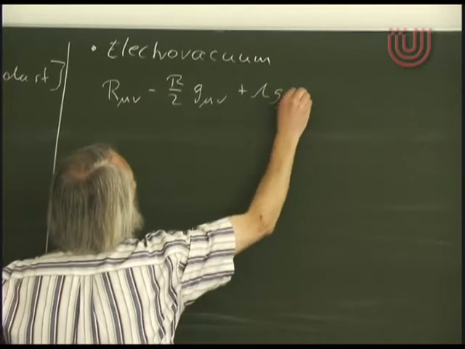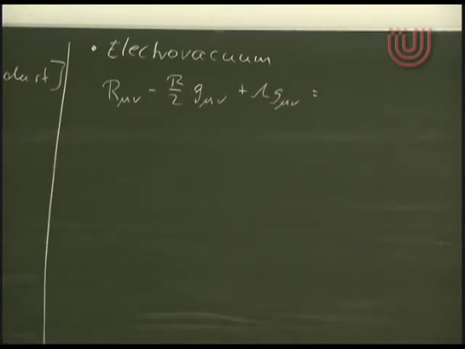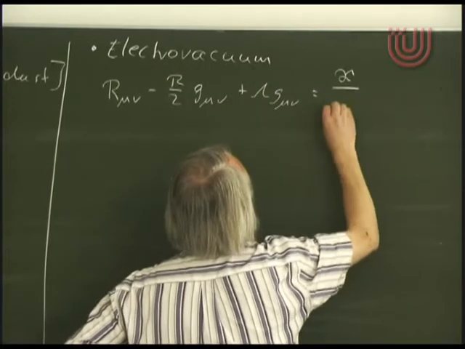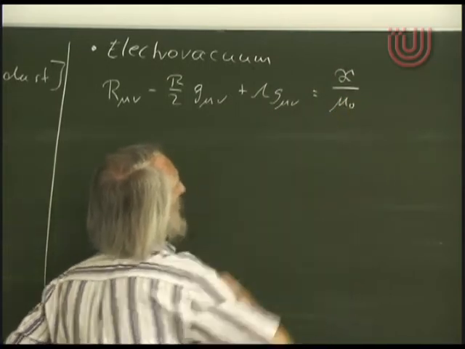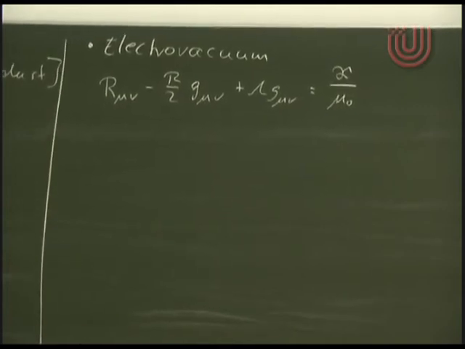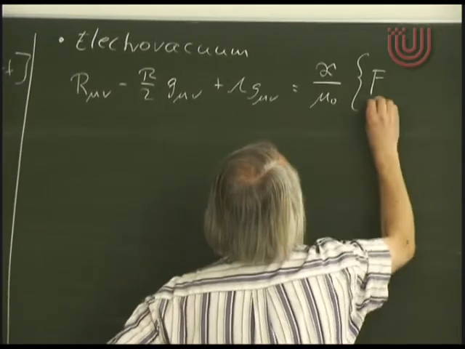Left-hand side this here. And on the right-hand side, we have the energy momentum tensor of a pure electromagnetic field without sources. That's what we had on the board last Friday, I think. There's mu naught, that is the permeability of vacuum. Yeah, we have epsilon naught and mu naught in the Maxwell equations. And then we have F, what are the indices, mu and nu?